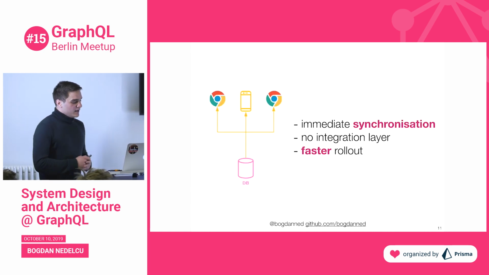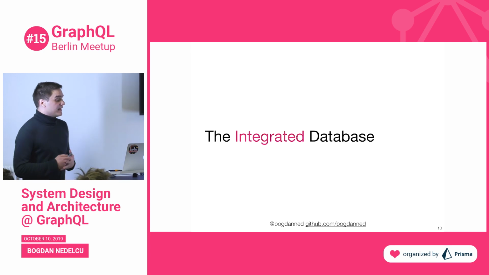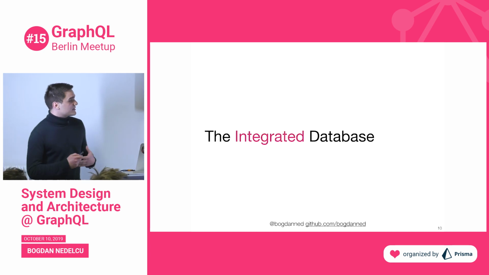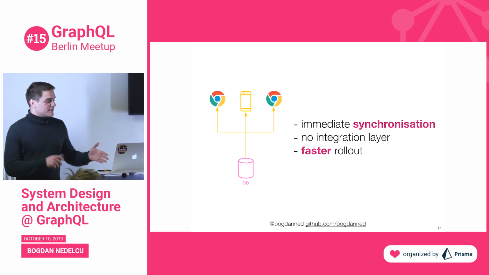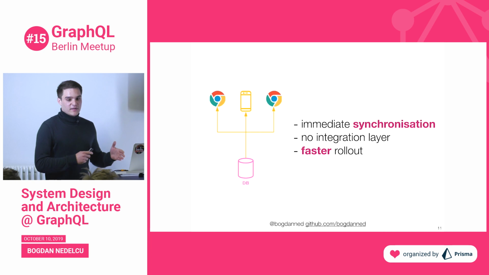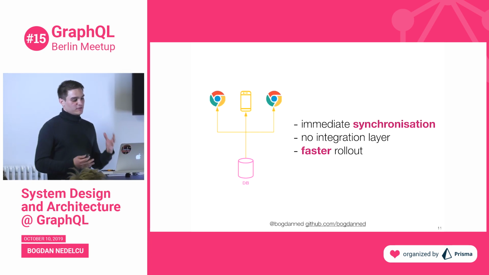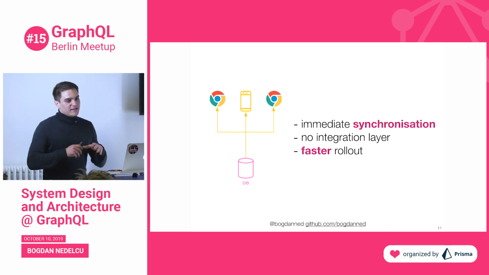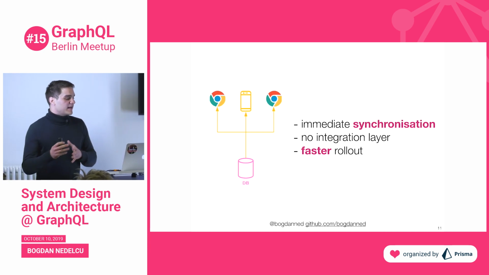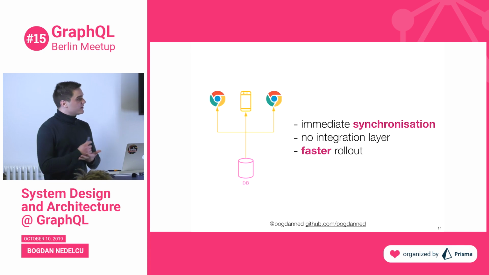And so one of the patterns is the integrated database. What the integrated database promises is that we will be able to have 2 or 3 applications basically sharing and living on the same database using the same schema. The reason we do this is because even if these applications don't use the exact same data, they do share, let's say, part of the data. And so it would be much easier to have synchronization.